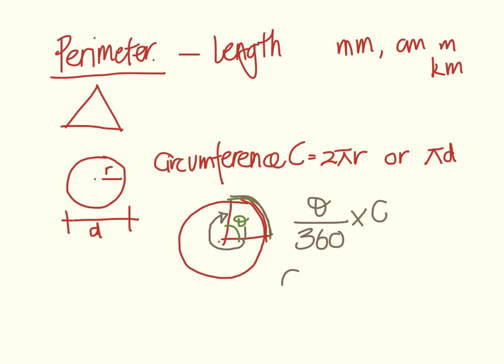So the length of the arc equals theta over 360 times either 2 pi r or pi d. Alright, so you just need to make sure that you've got that written down on your sheet.